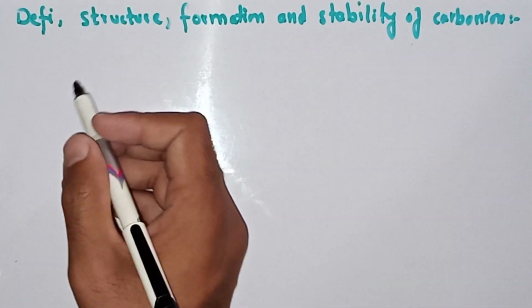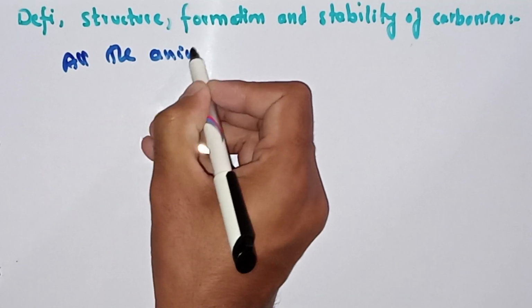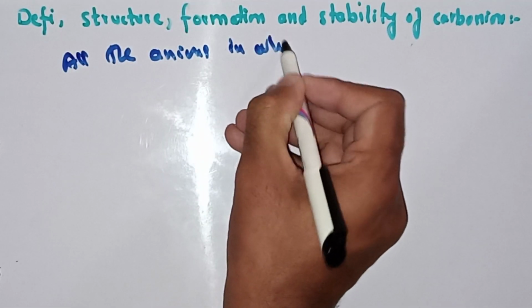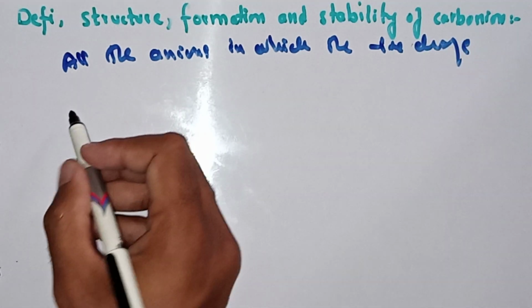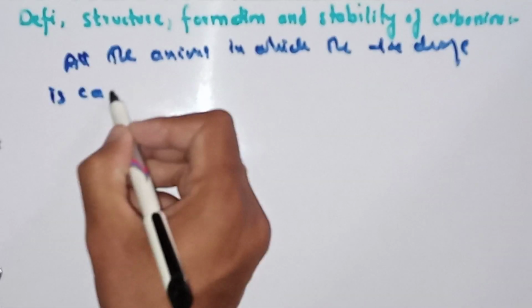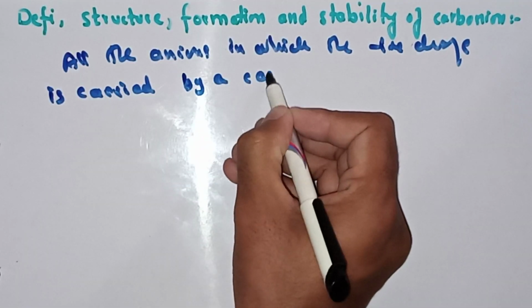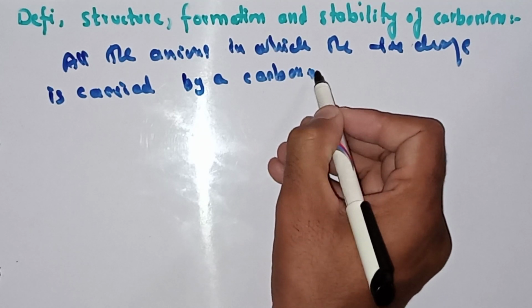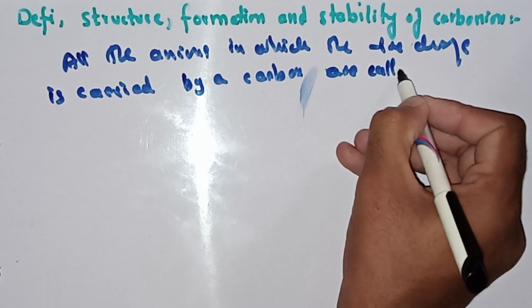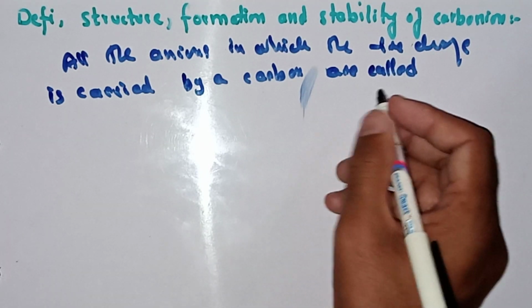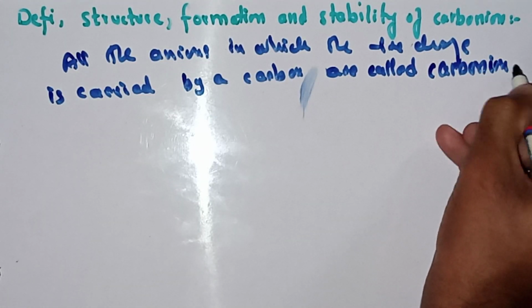So let's start. What is carbanion? All the anions in which the negative charge is carried by a carbon are called carbanion.